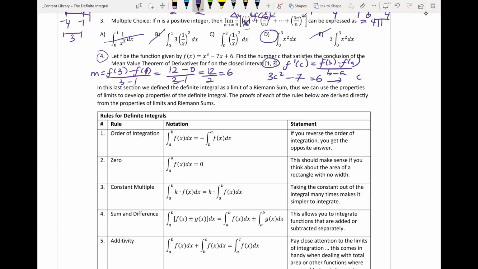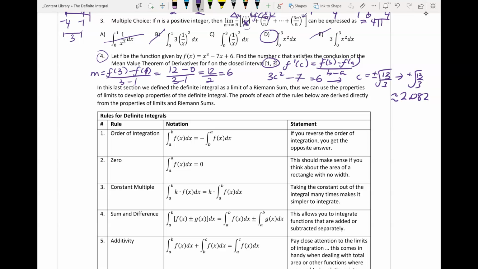If we do that, c is going to be plus or minus root 13 over 3. But we're only going to take the positive one because our interval is between 1 and 3. So our positive one is going to be root 13 over 3, and if you put this into the calculator, this will be about 2.082. So that is your value of c that will satisfy that condition.